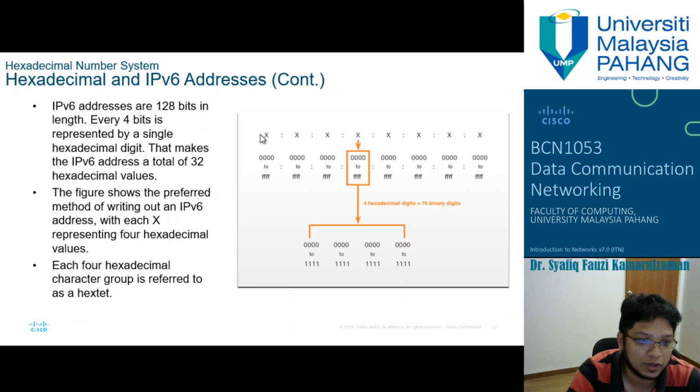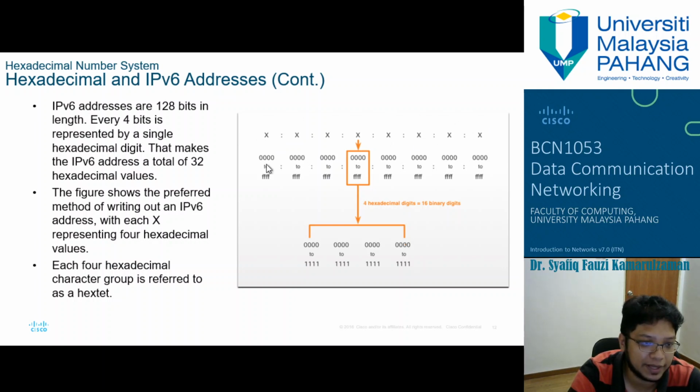So this one set, representing 128 divided by 8, means that they have 42 bits involved. Oh no, I'm sorry. They have 16 bits involved per set. And total is 128 bits total.